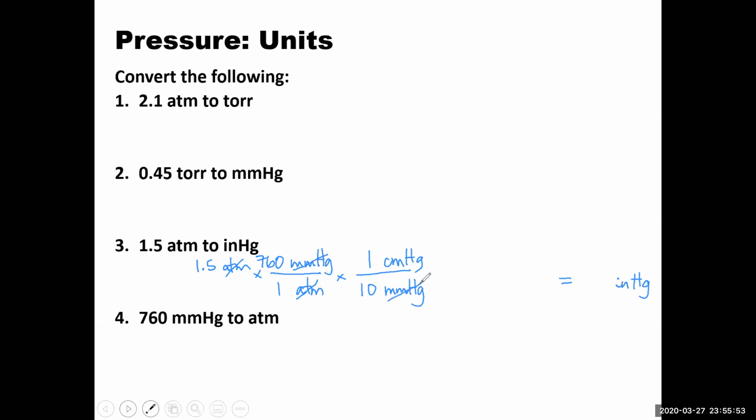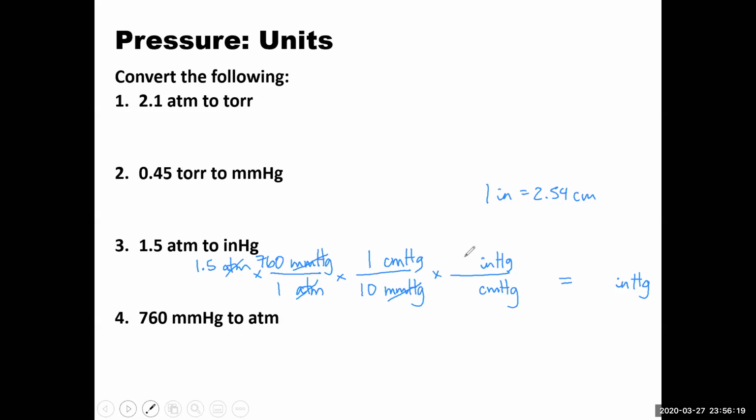And currently we're dealing with centimeters of mercury. And lastly, in order to convert from centimeters of mercury into inches of mercury, we have to remember that for every 1 inch, that's equal to 2.54 centimeters.